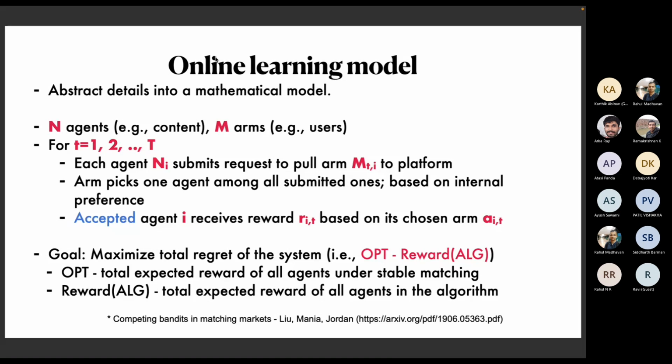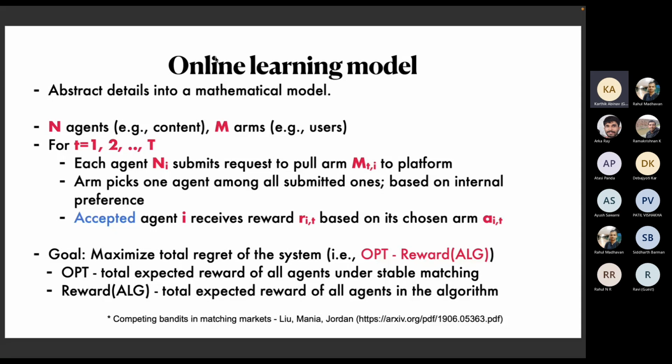Thank you. And then the goal of the full system is to minimize the total regret. Sorry, I said maximize, but that should be minimized. So what does regret of the system mean here, right?